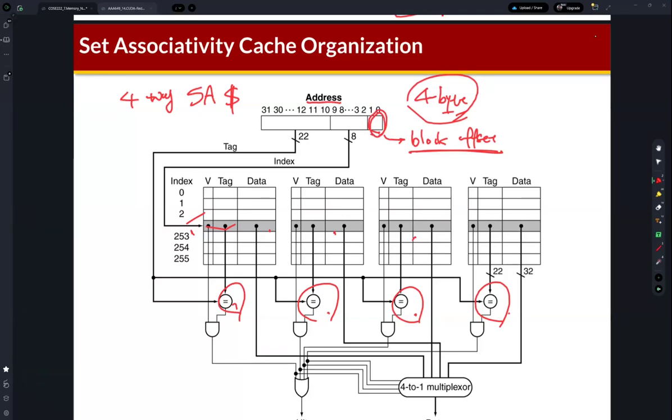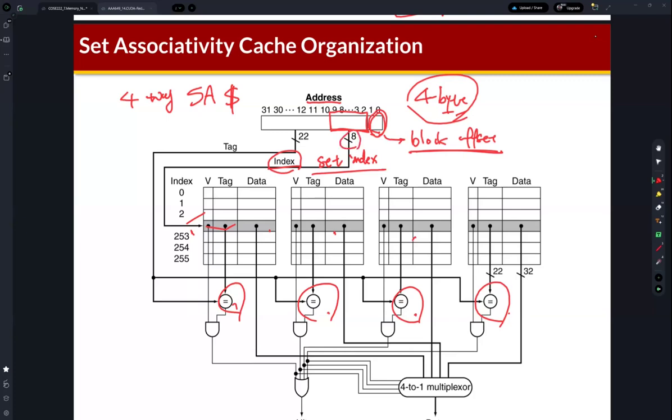And then this is the index of the cache, but this index is the set index, right? Because this is a set associative cache, the four-way set associative cache. So what does it mean?